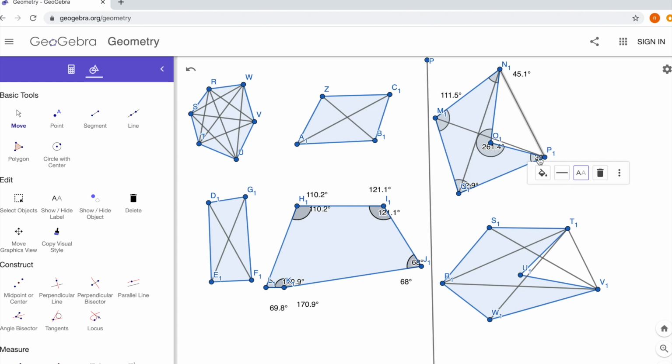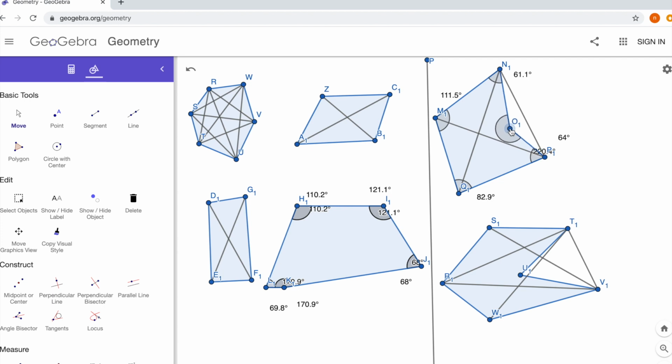If I move a little, 39 degrees. And one of the angles is 261.4 degrees. That is a reflex angle. We know that if it is more than 180 degrees, it is called a reflex angle, more than 180 degrees and less than 360 degrees.